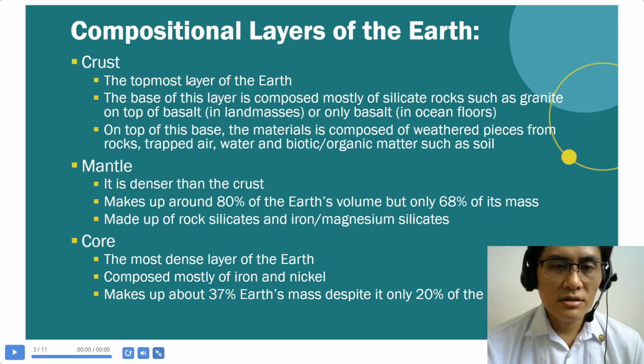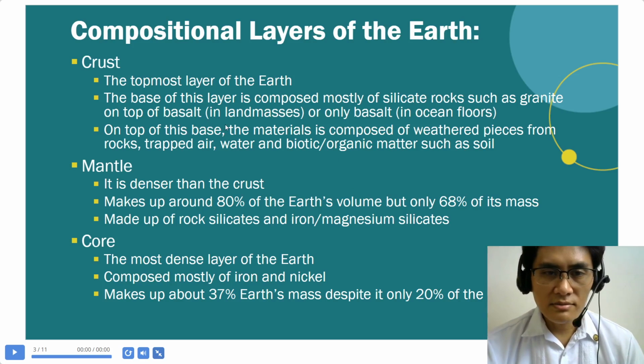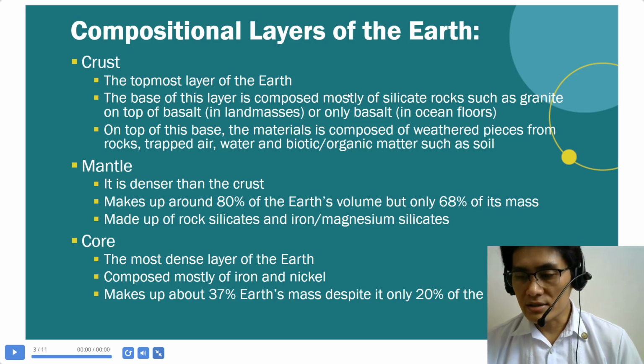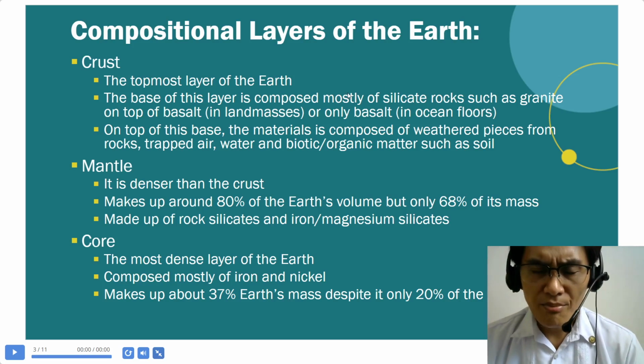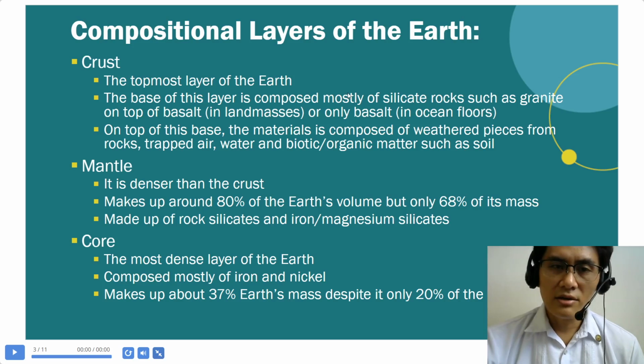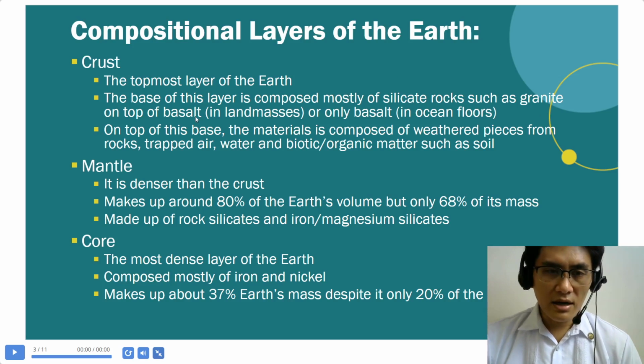And then the crust contains less of iron and nickel and magnesium, but more of what we call the silicate rocks. Okay, so these silicate rocks are primarily two kinds: granite and basalt. I think both pronunciations are correct.